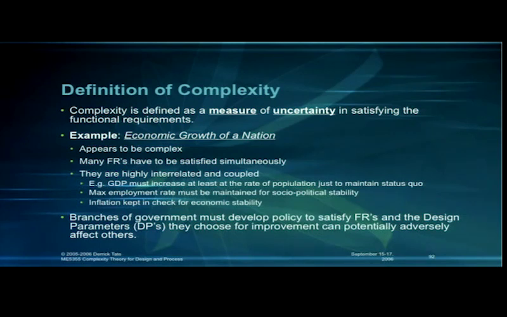Well, here's really the problem, right? There are all these different branches of government that have to develop policy to satisfy all those functional requirements at the same time, but each department does something completely different.